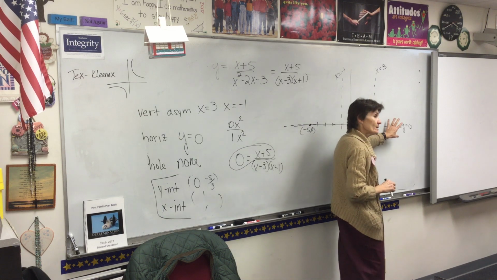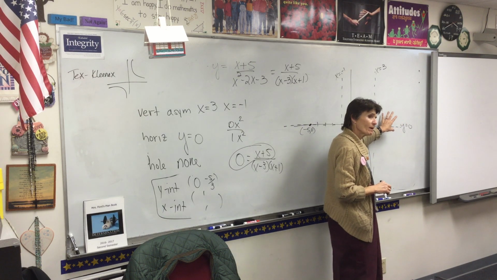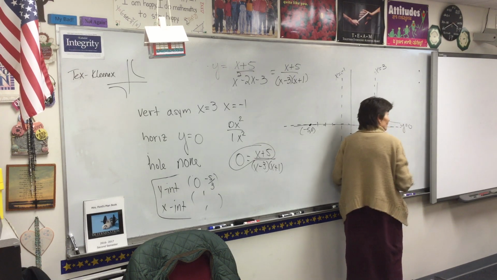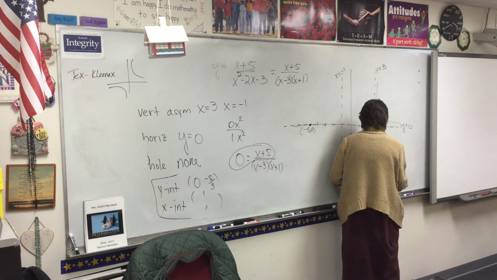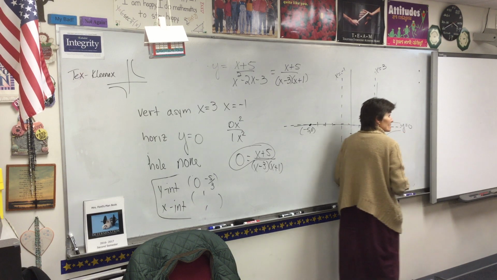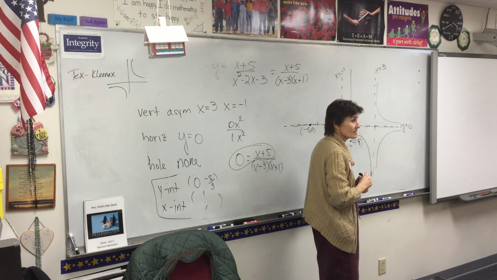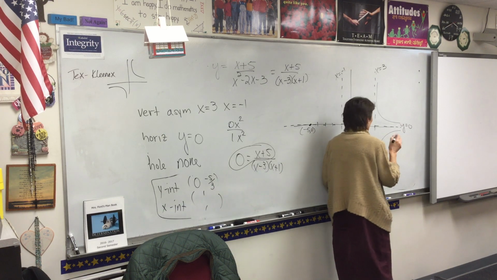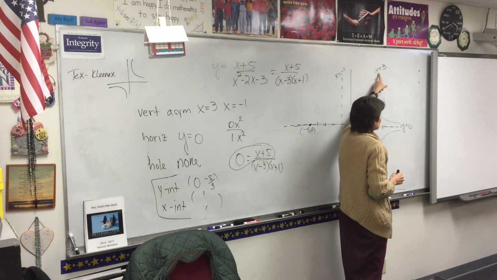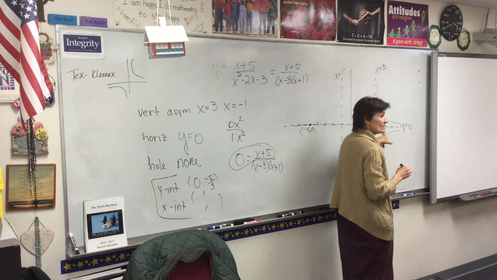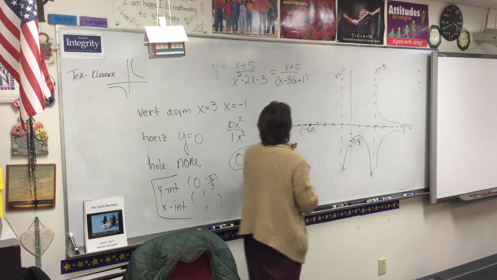Now, what about over here? This problem's really tricky. What about over here? Could it look like this? Yeah. Could it also, though, look like this? Yes. I have no idea which one it is, so I am going to have to plot a point. So this is 3. That asymptote's at 3. So I'm going to see what happens when I plug in 4.